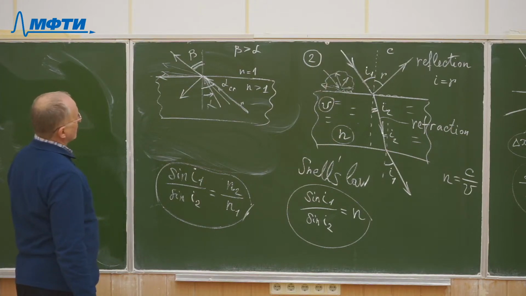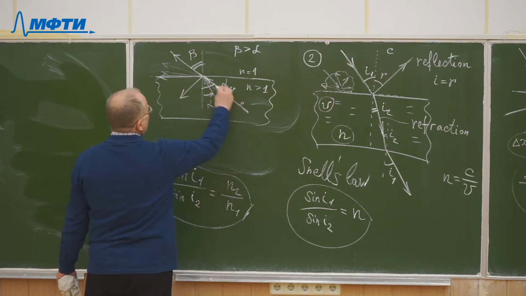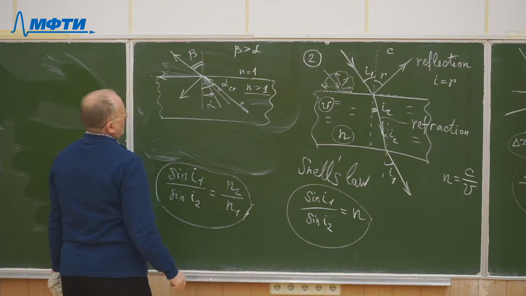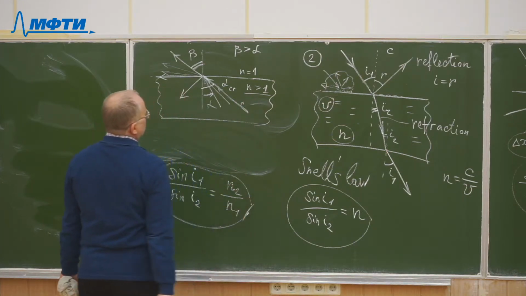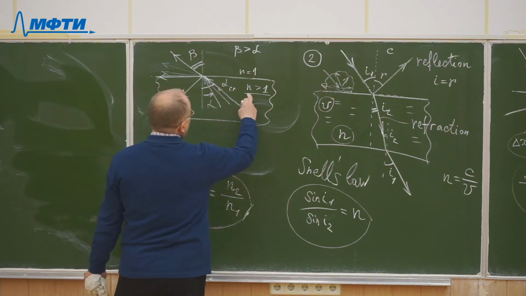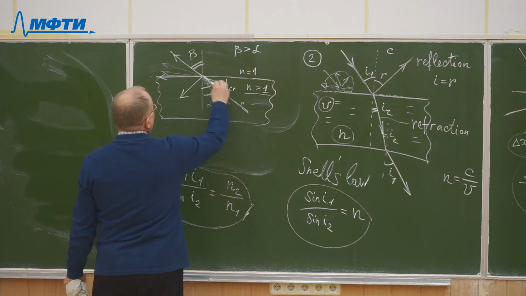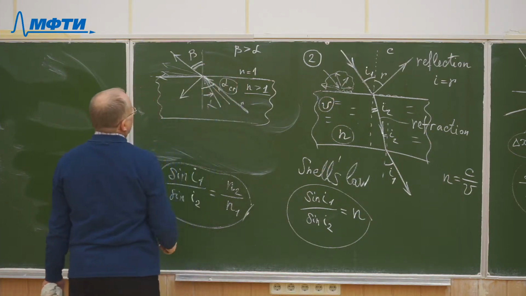Total internal reflection happens when your angle of incidence inside some medium with large refractive index, a refractive index larger than unity, is larger than some critical angle.